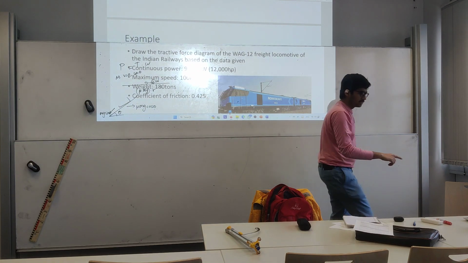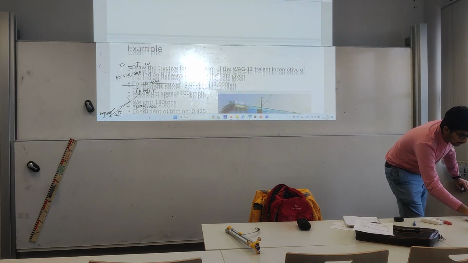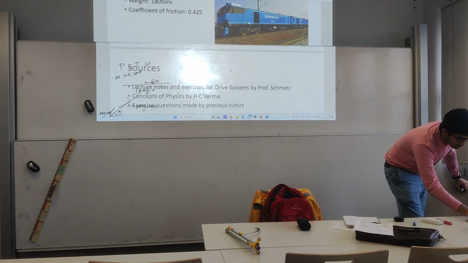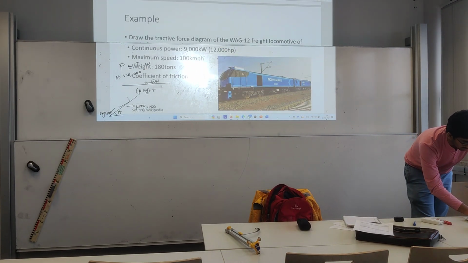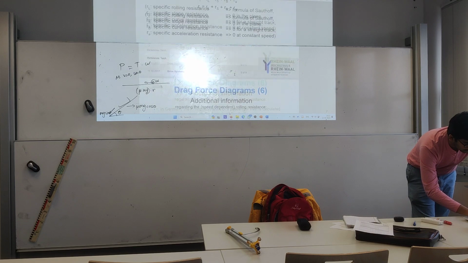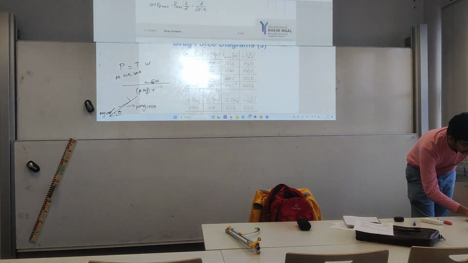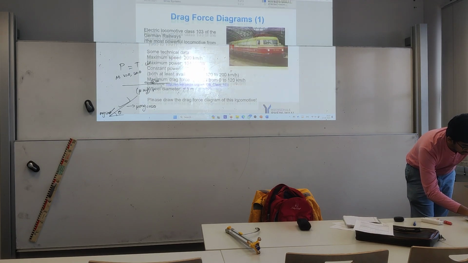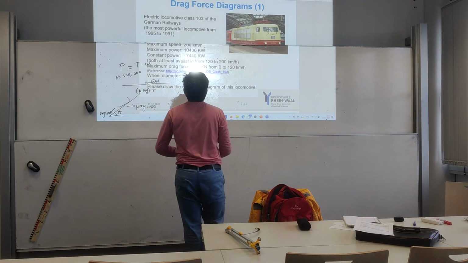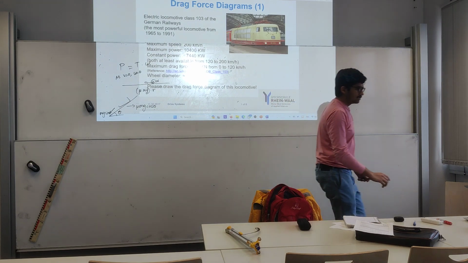Radius of the wheel is missing here, right? The radius of the wheel definitely matters. This is the question from the class. Yeah. And you have the wheel diameter given to you. So let's do more about this example.